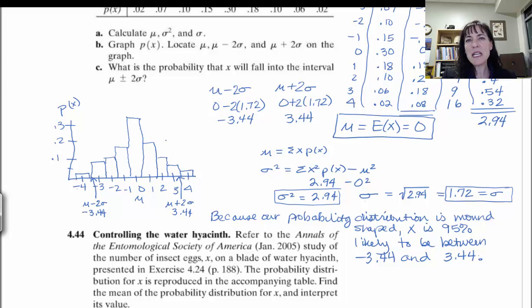So that means any x that you choose that happens to be in this data set, 95% of the time, that x will be between negative 3.44 and positive 3.44, or you could say for any x, it's 95% likely to be between those two marks. And that's because they are 2 standard deviations away from the mean.